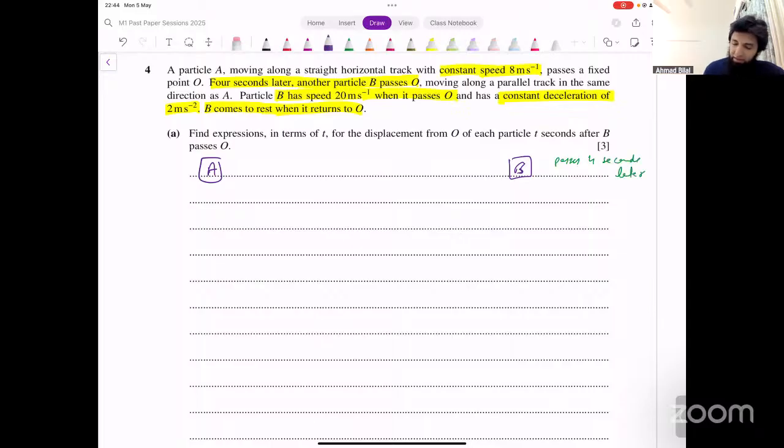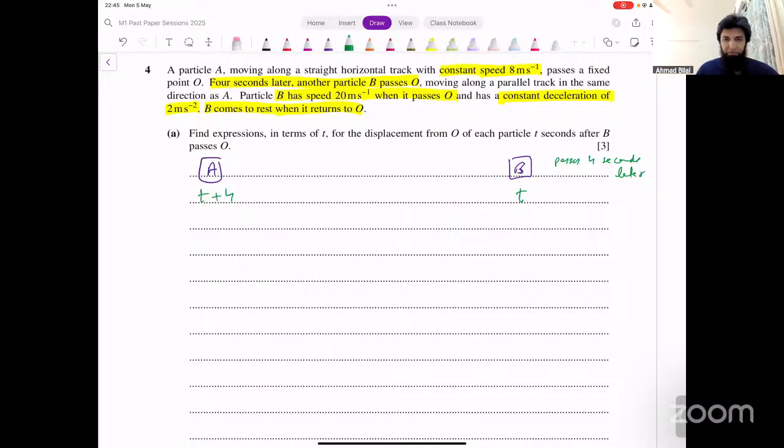If time for B is t, the particle that starts late takes less time to reach the same point eventually. So if time taken for B is t, what about the time taken for A then? B's time should be less, A's time should be more. So A's time is going to be t plus 4, right? Make sense?